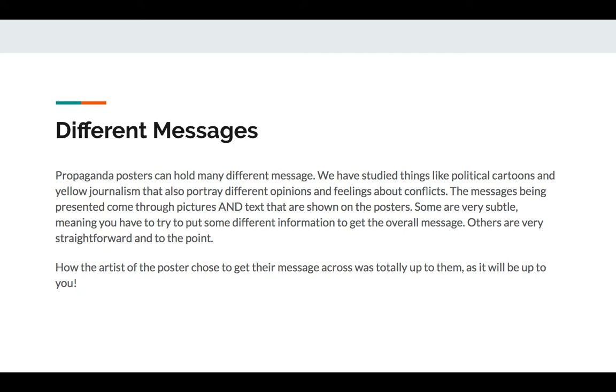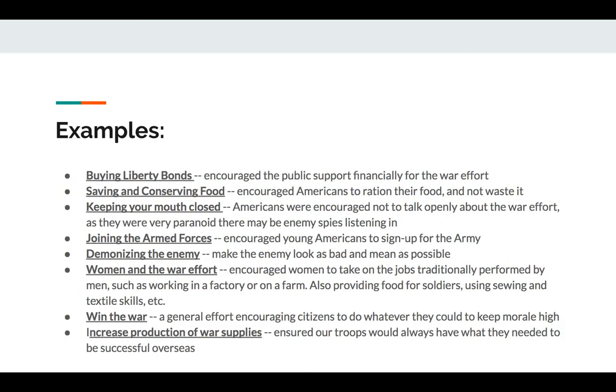And then others can be very straightforward and to the point. How the artist of the poster chose to get their message across was totally up to them, as it will be up to you.